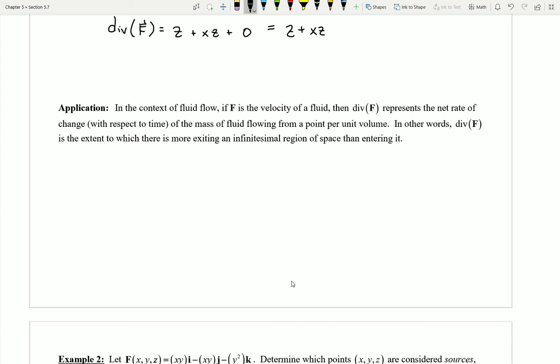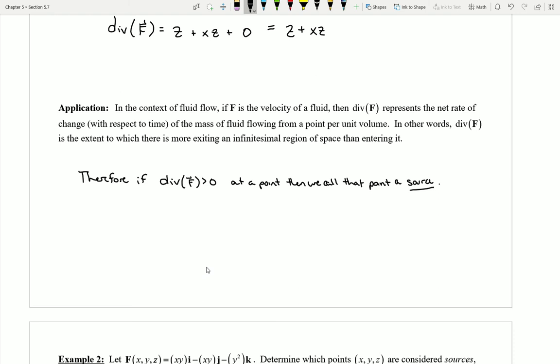To try to understand a little more about what this means, let's write the following. Therefore, if the divergence of F is positive at a point, then we call that point a source.